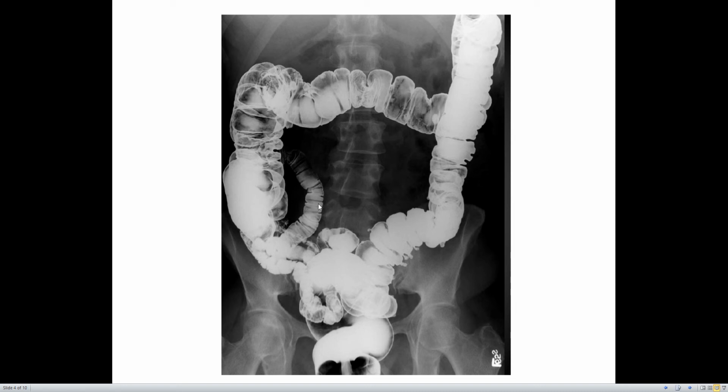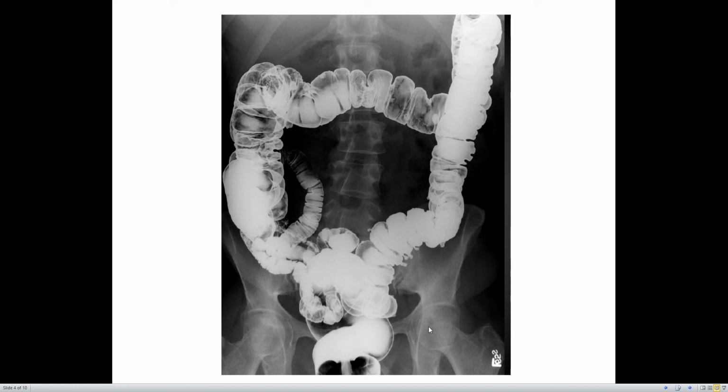So here's the ileum connecting into the large intestine, and you can see the size difference between those two parts of the body. The ileum and small intestine in general is about 3 centimeters in diameter, while the large intestine is 6 centimeters, and then the rectum here is approximately 9 centimeters.